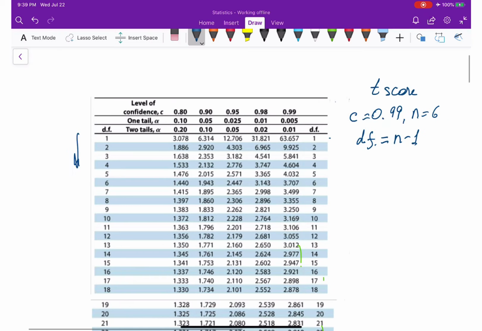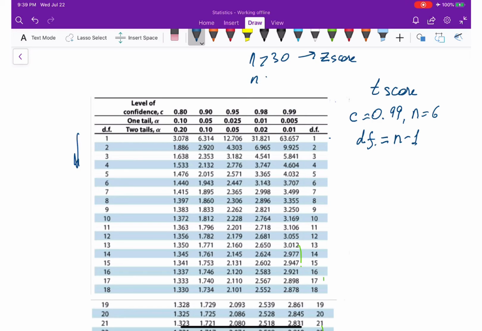Before I show you how to work with this table, I wanted to tell you that t-score and z-score we use when we have normal distribution. With the difference, z-score we are using when our sample size n is greater than 30.